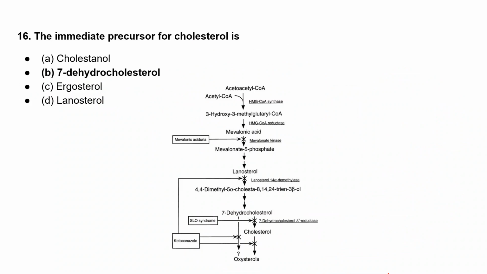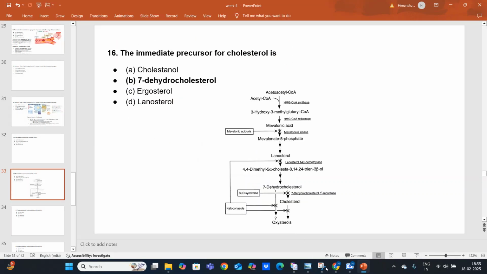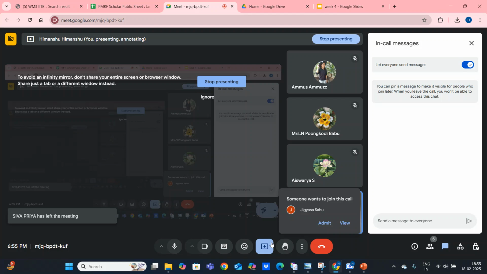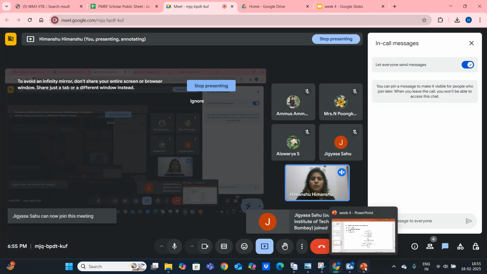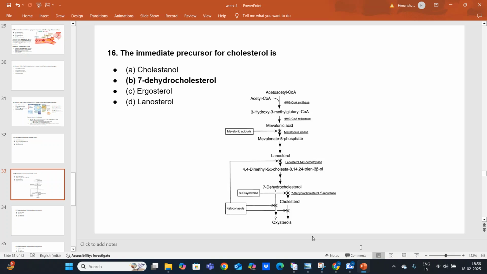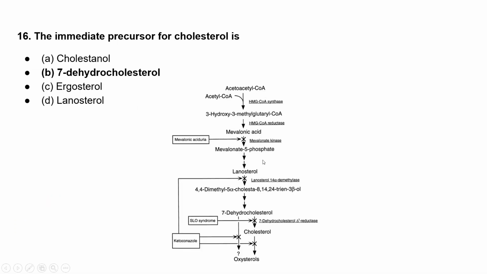See, lanosterol is not the immediate one. You are kind of right, but the question is asking for the immediate precursor, right? Lanosterol is also there, but it's not the immediate structure just before cholesterol.